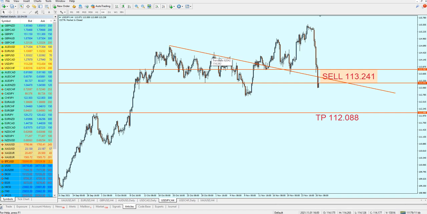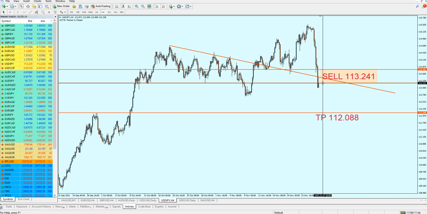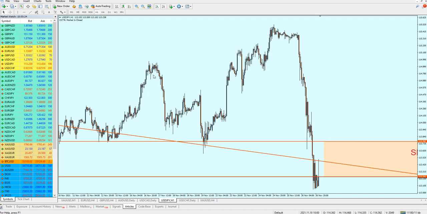This was a resistance trend line, then it became a support trend line, and immediately we had the bearish breakout of it. And this wick right here represents the first attempt of the resistance trend line, which means we can again sell the pair right away. It can go against us for 18 pips only, but still I think it's valid to be short immediately.